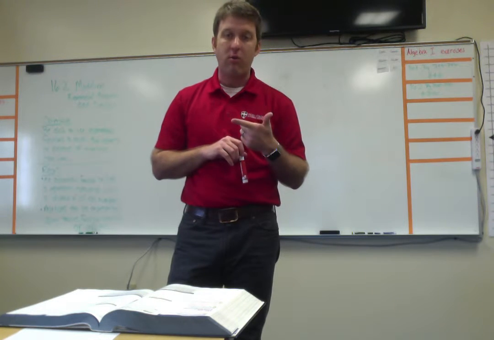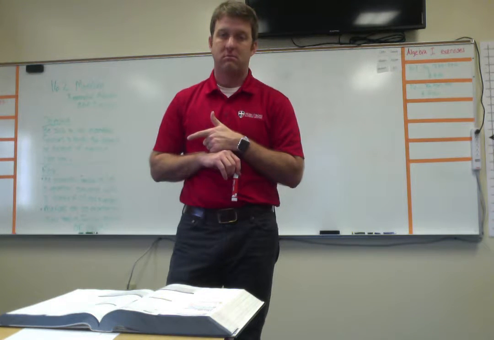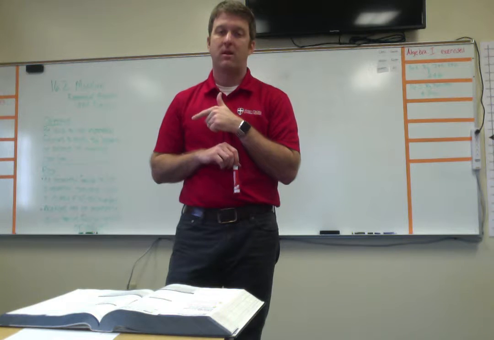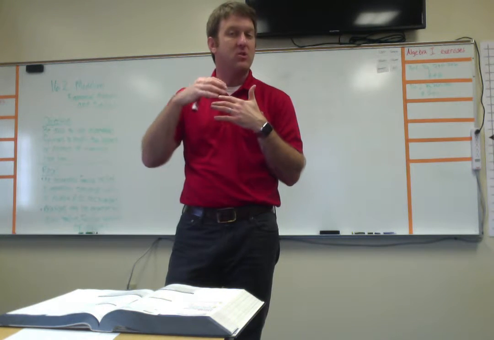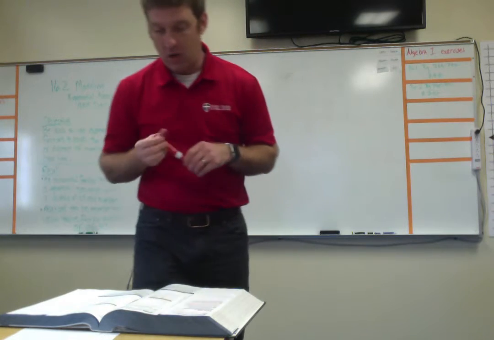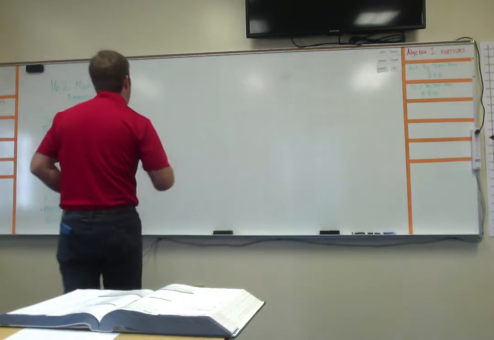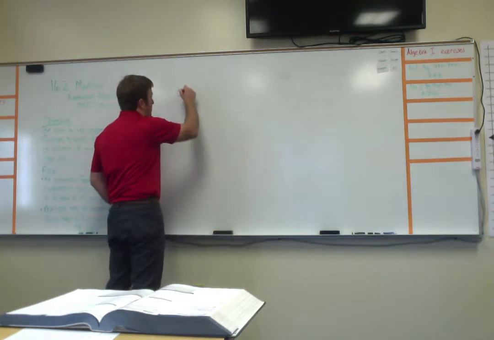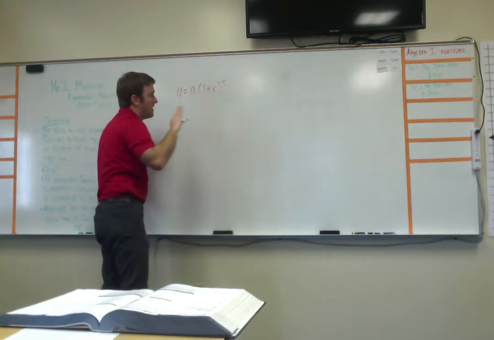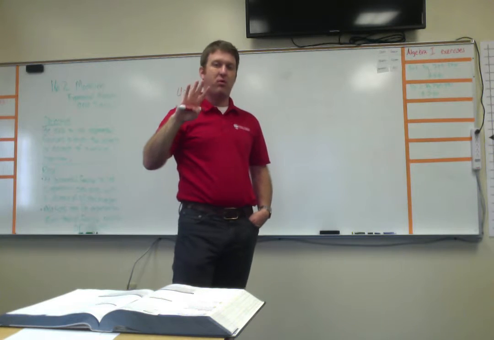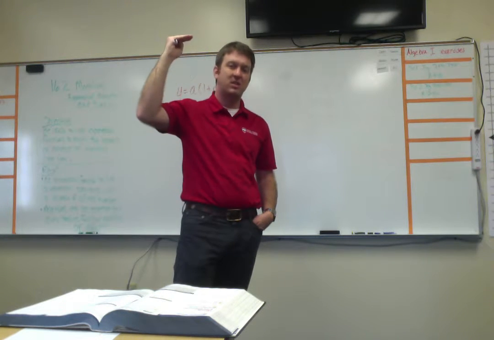So is that growth or decay? Growth, right? Because if it increases, the quantity, the price is growing. Okay? So that means that we want to write an equation that is y equals a times 1 plus r to the t that models the way the price of this baseball card changes.